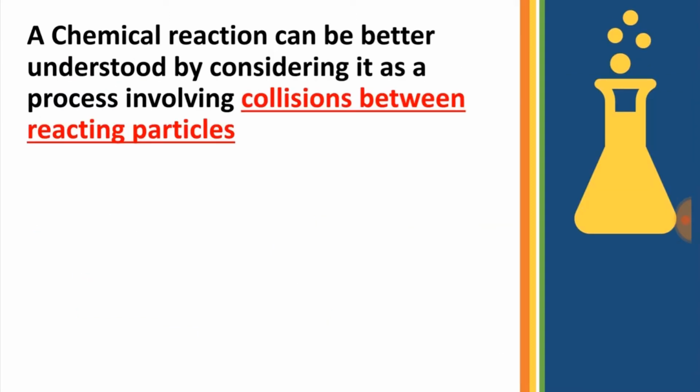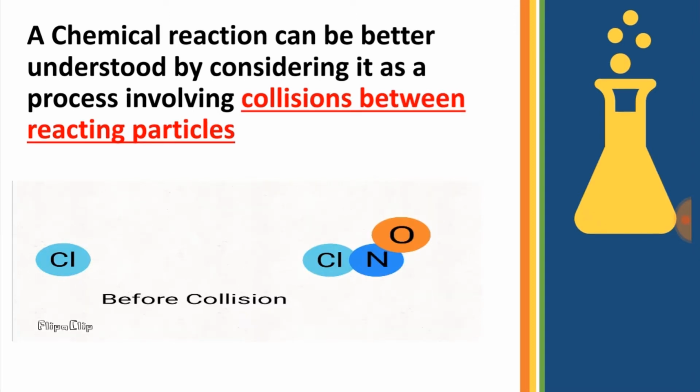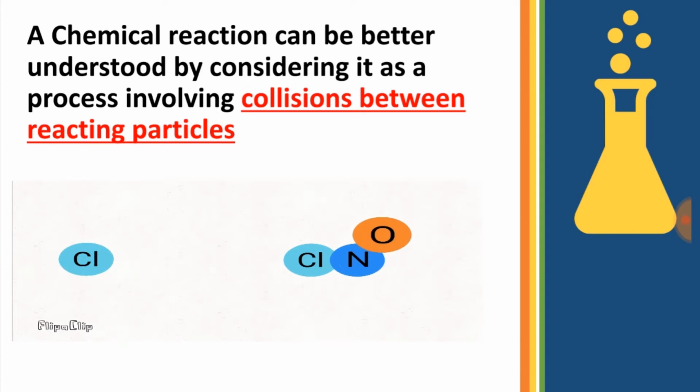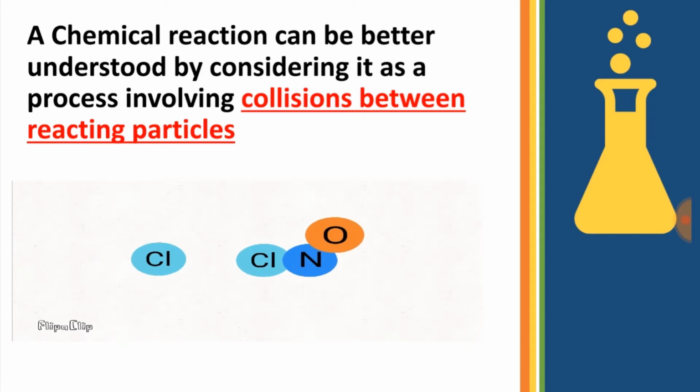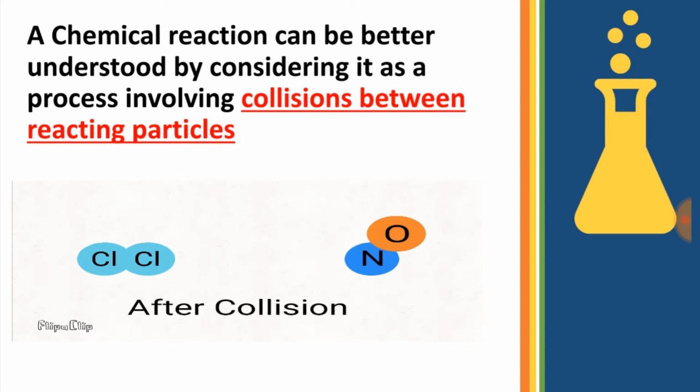A chemical reaction can be better understood by considering it as a process involving collisions between reacting particles. Here, we have 2 particles on each side. When these 2 particles collide, they will undergo chemical reaction. Observe the resulting product.